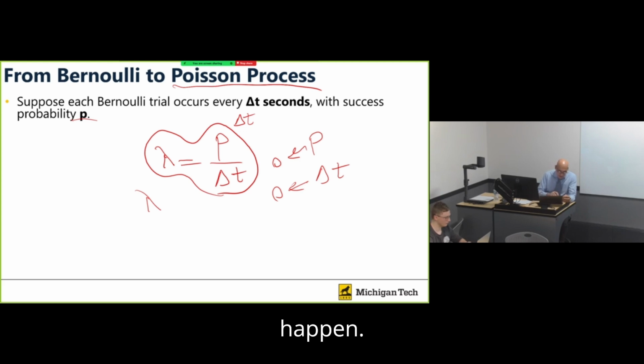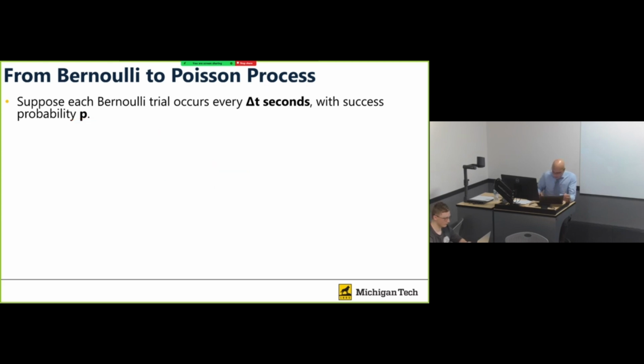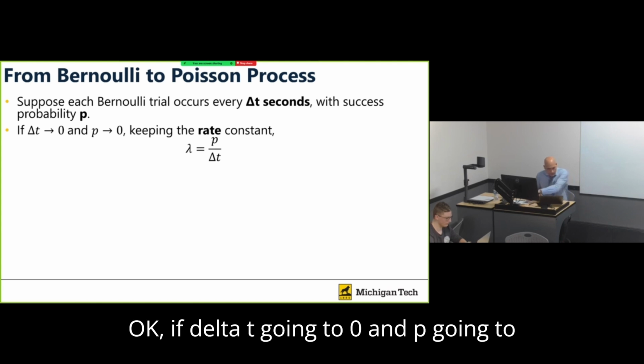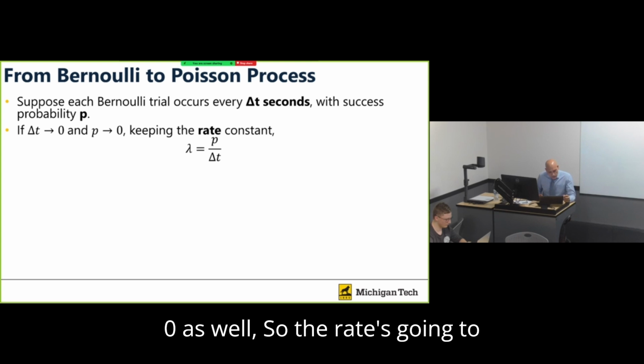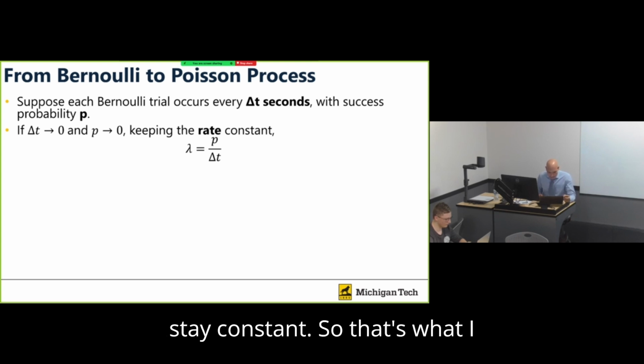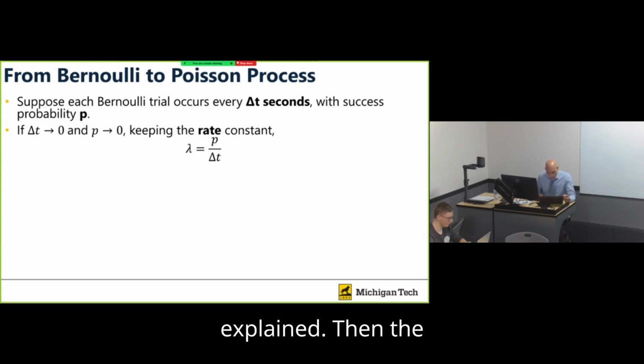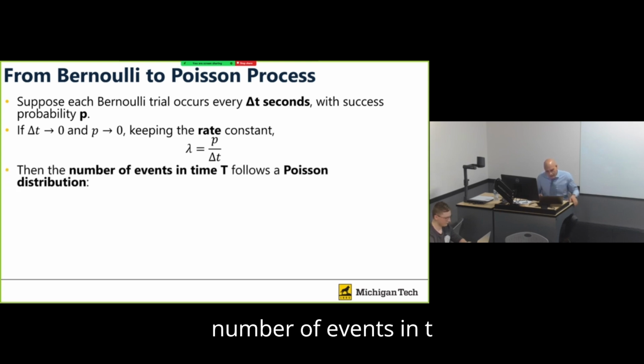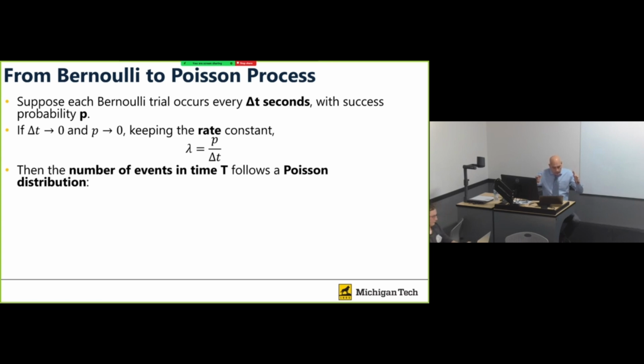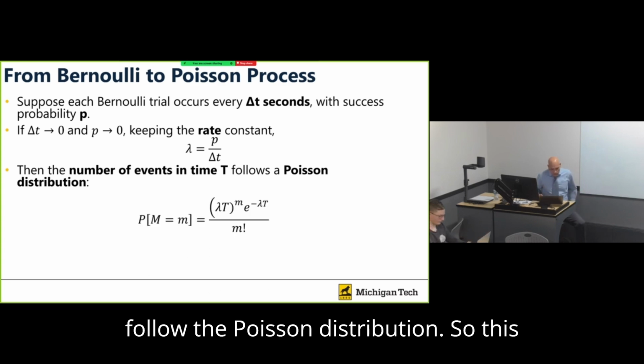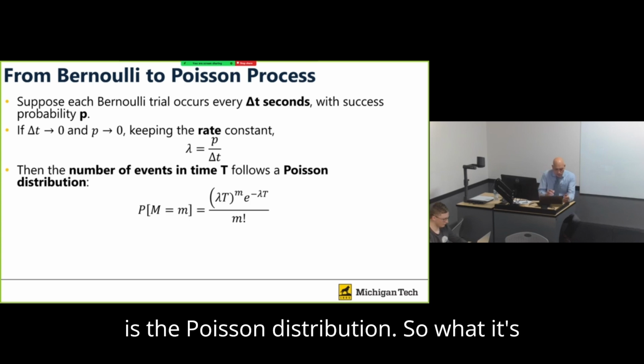So let's see what's going to happen. If delta t goes to 0 and p goes to 0 as well, the rate stays constant. Then the number of events in the interval, or the time t, follows the Poisson distribution. So this is the Poisson distribution.